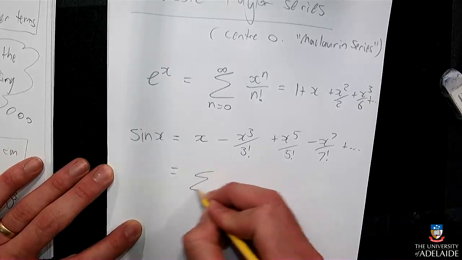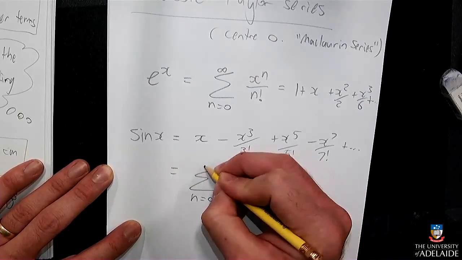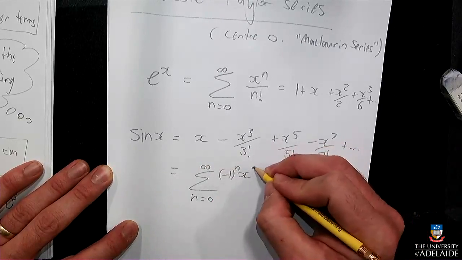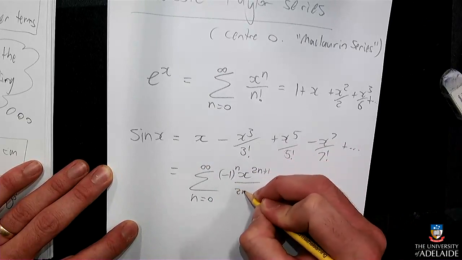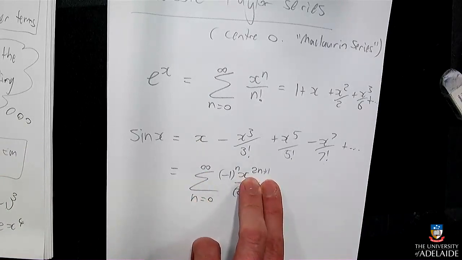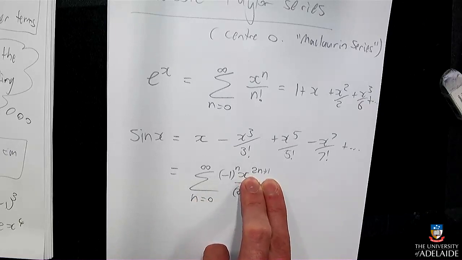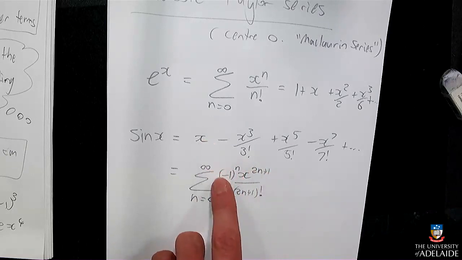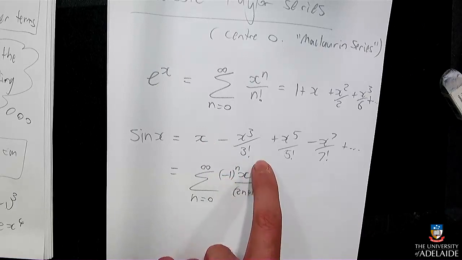And the shorthand version of this is this. Instead of saying n equals whatever and only the odd ones, we say 2n plus 1 will always be an odd number if you put a whole number into it. So you start with 2 times 0 plus 1, which gives you just x to the 1. They alternate between plus and minus, which is why there's a minus 1 to the n, and they divide by this power factorial.